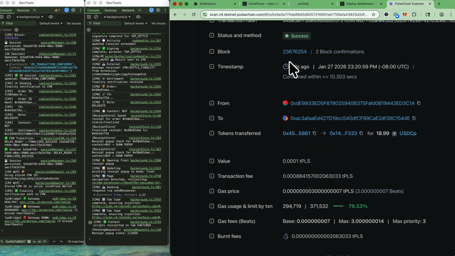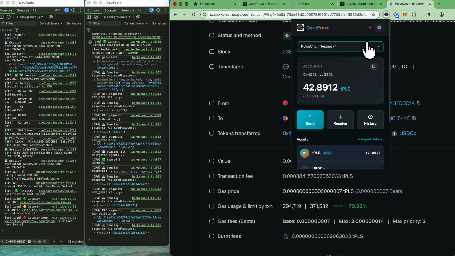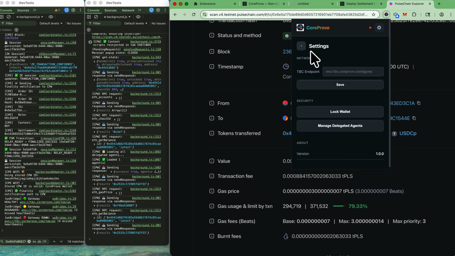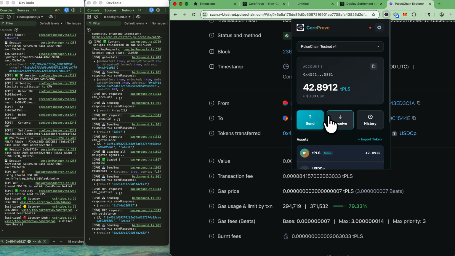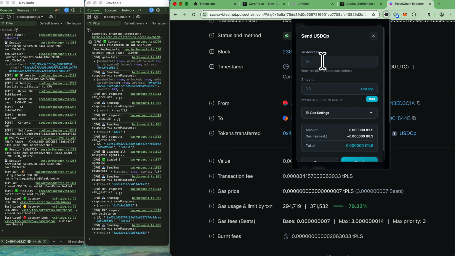So we're going to fund the delegate address. I'm going to try to speed this up so this video doesn't get too long. Alright. And so I'm going to send this delegate address, which again is signed and owned by this wallet, I'll send it 20 USD.